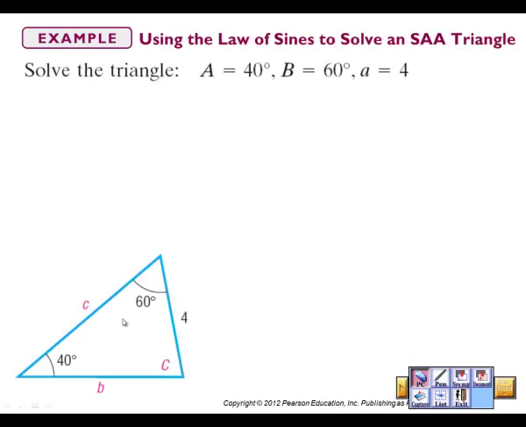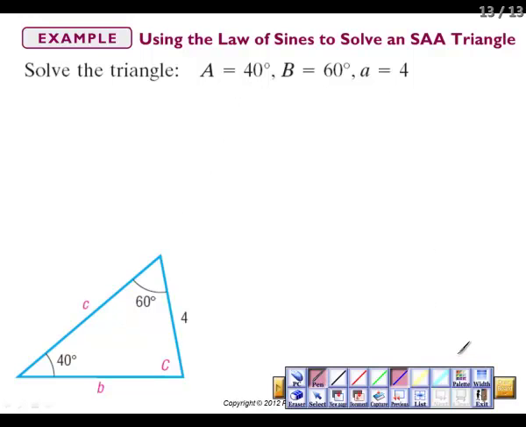In this case, angle A is 40 degrees, angle B is 60 degrees, and side A is 4.